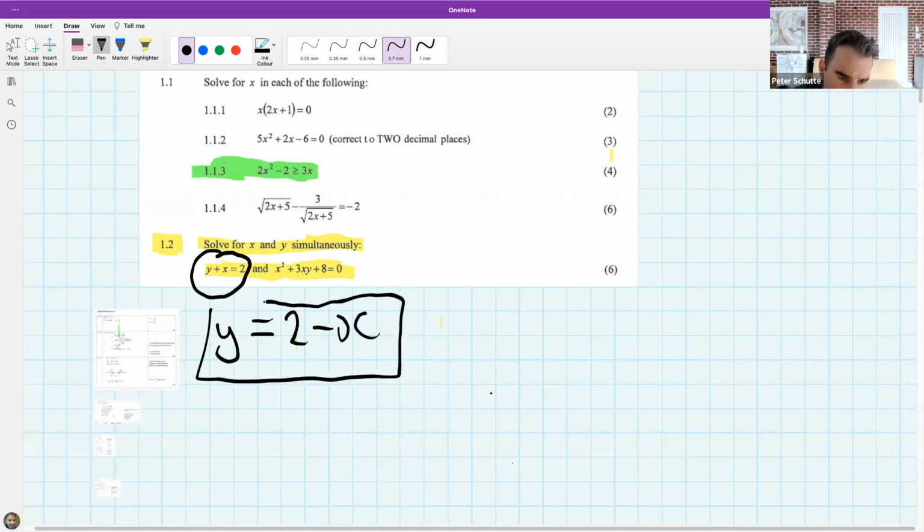I think the best choice you can make is to make y the subject of the formula. Does anybody know, excuse the pun, why I chose y and not x?